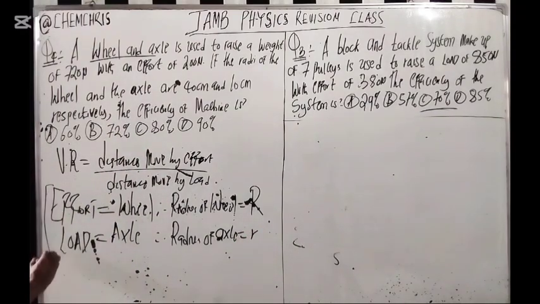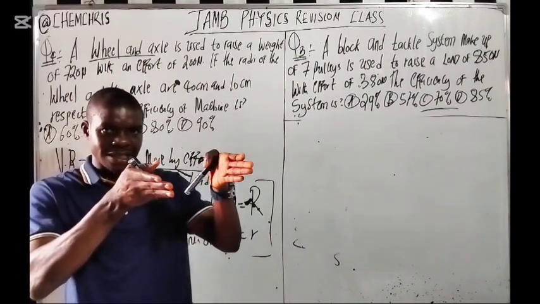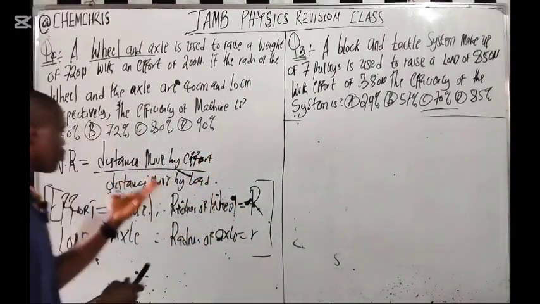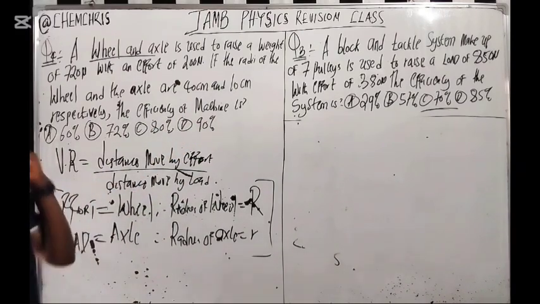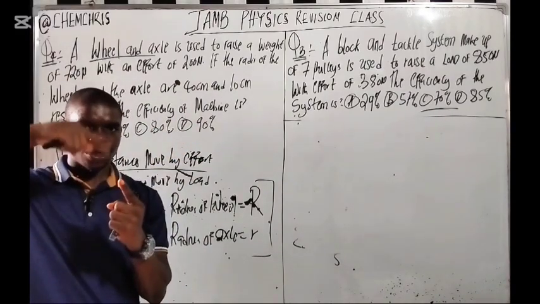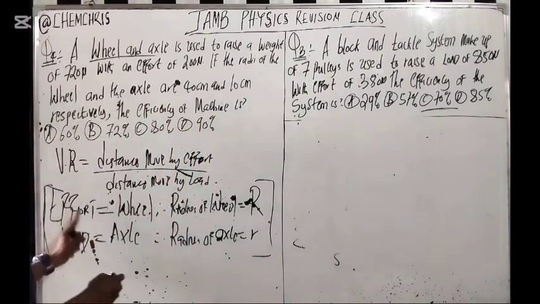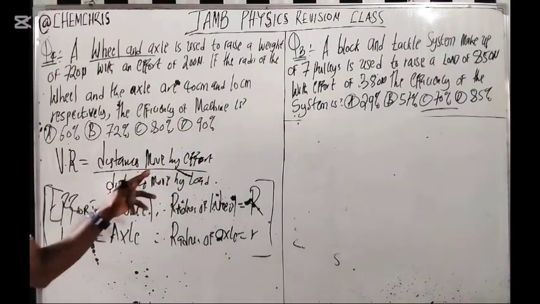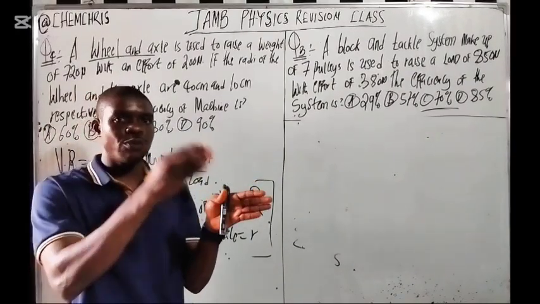What you need to understand here is that we have to call the distance moved by effort, and effort is the wheel. Now remember, we are talking about a circle. What is the circumference of a circle? The distance moved by effort is equal to the circumference of a circle, which is 2 pi r.